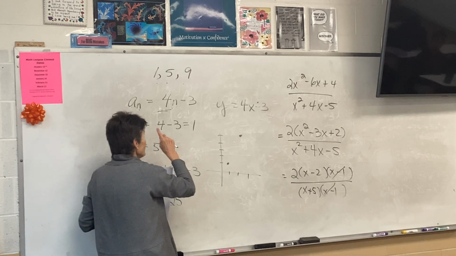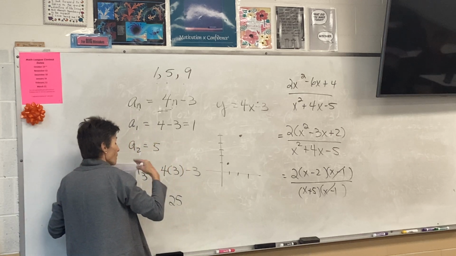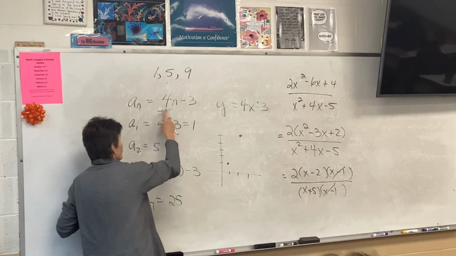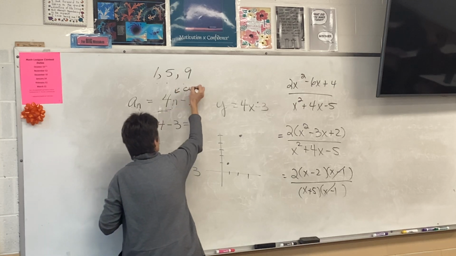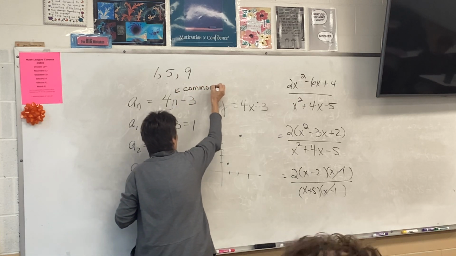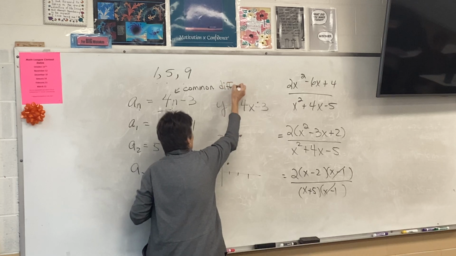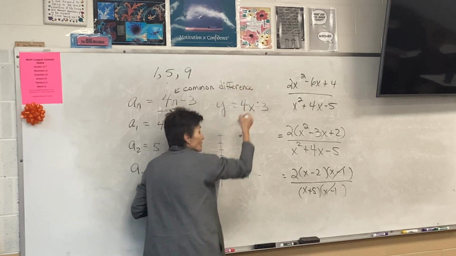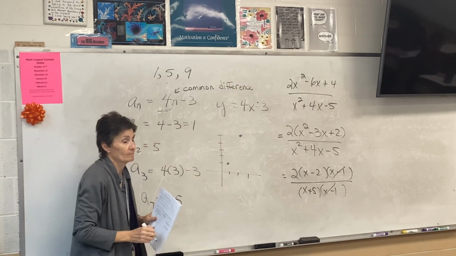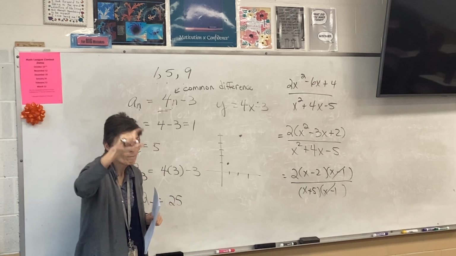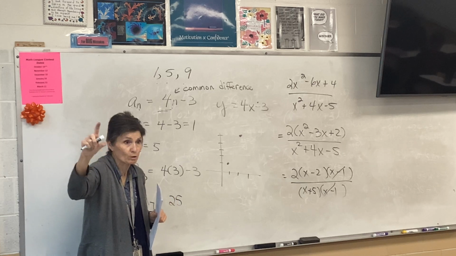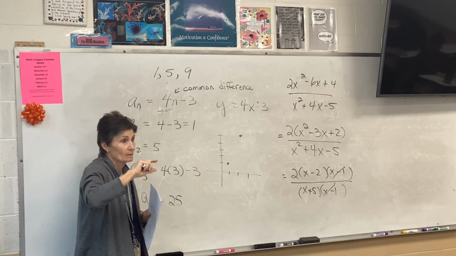That number that we add is called the common difference. And the common difference equates to the slope of a line. That tells you how much you're changing as you go from term to term. Common difference.